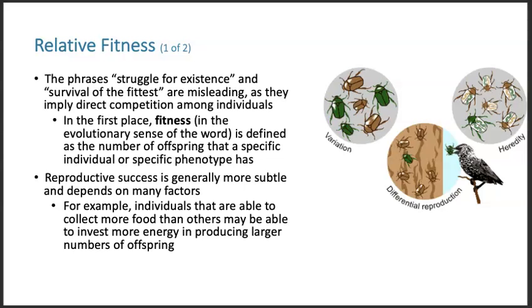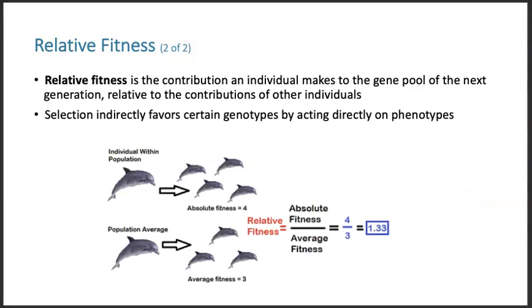Reproductive success is subtle, and it depends on lots of factors. For example, individuals that are able to collect more food, right? If you're able to collect more food, then you're able to invest more in your own offspring, and therefore you can produce more offspring. So it's not necessarily always a direct correlation there. Also, we can think about fitness in terms of relative fitness, like that term survival of the fittest, right?